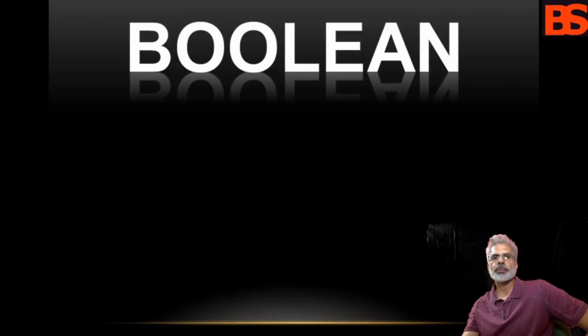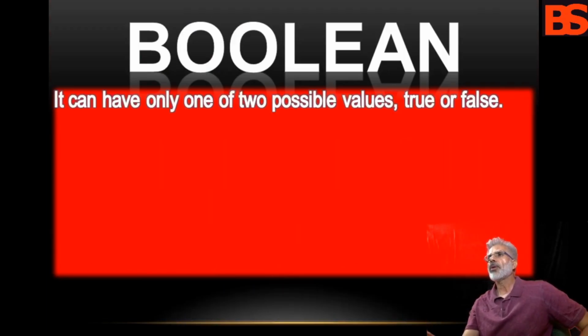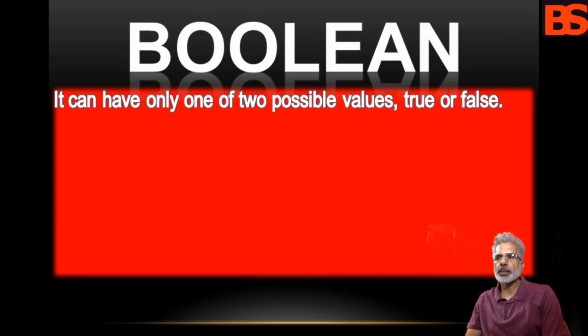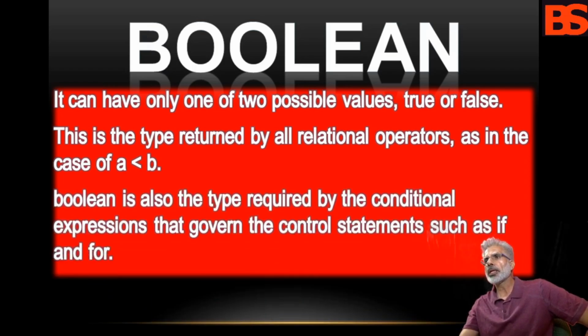Boolean. It can have only one of two possible values, true or false. This is the type returned by relational operators, as in the case of a less than b, it will return true or false. Boolean is also the type required by the conditional expressions that govern control statements such as if and for.